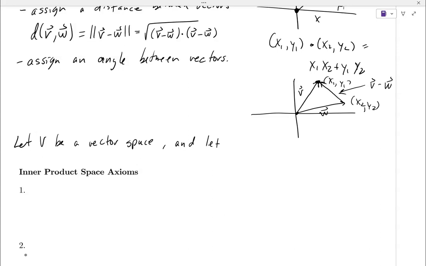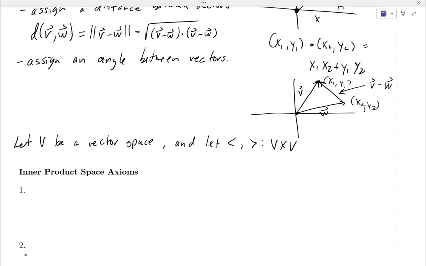Okay. So the way we define the function, I know I've used dot so far, but another standard way to define inner product is with angle brackets and then put the vectors in between them. So this is the notation I'm going to use for the function. Just think of this as like an F. This is just my notation for a function. This function is going to go from the set of all ordered pairs of vectors.